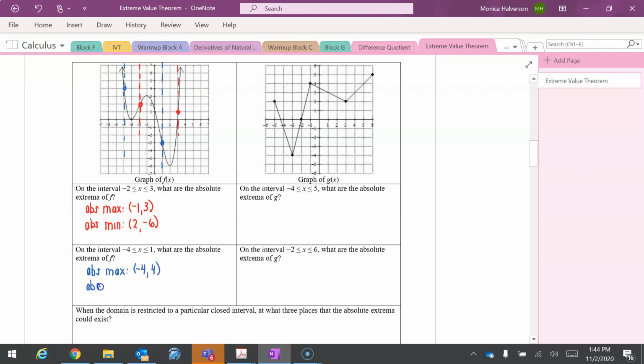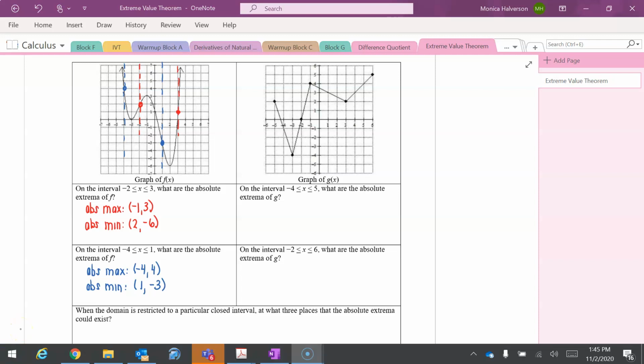Our other endpoint is our absolute min as well at (1, -3). So once again, absolute extrema can be at the endpoints. Okay, now in the first part, the absolute extrema occurred at a relative max. Okay, but that's only because we enclosed and gave endpoints. Go ahead and answer the next two questions on the graph of g of x.